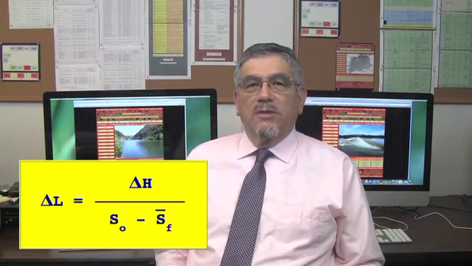The sign of the distance increment is the sign of the denominator. In the case of the M2 profile, it is negative, meaning the calculation proceeds upstream from a control section.